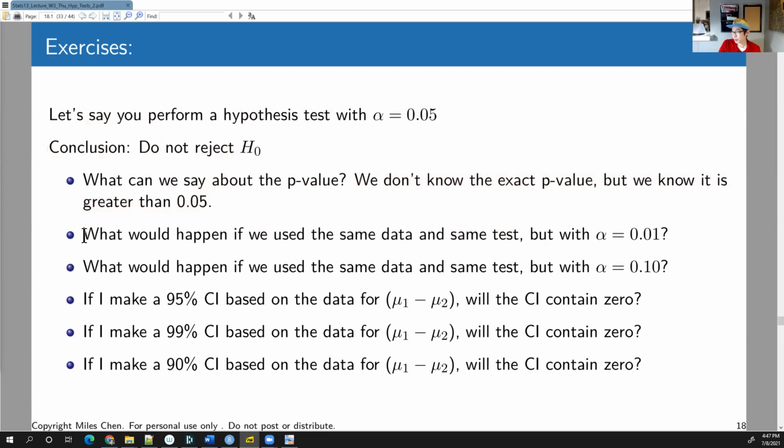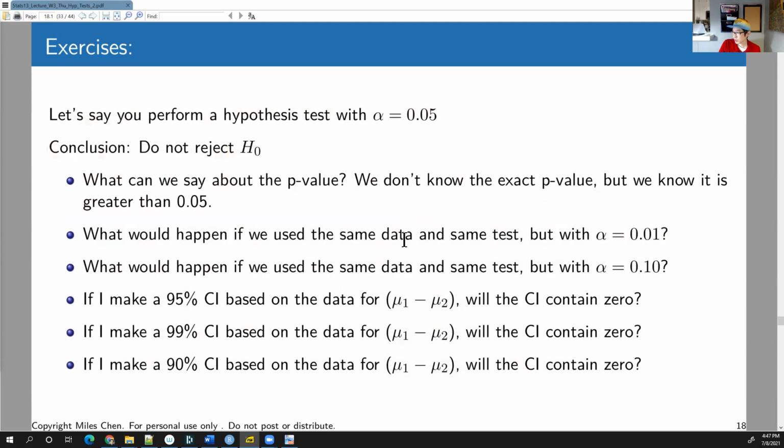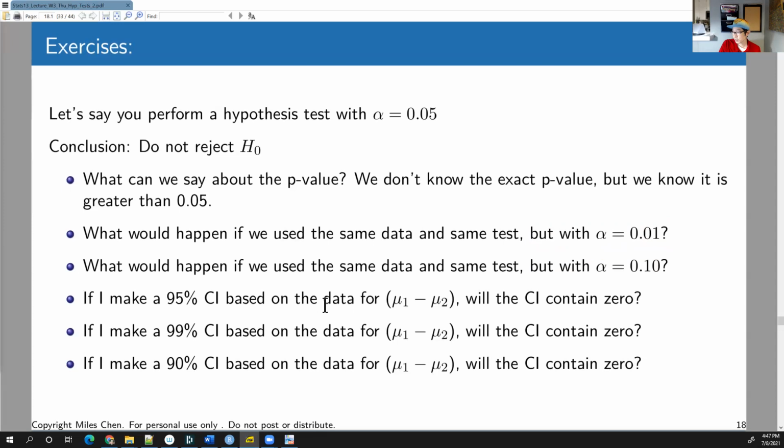And so here I have a series of questions. What would happen if we used the same data, the same test, but alpha equal to 1%? What would happen if we use the same data and same test, but alpha equal to 10%? If I make a 95% confidence interval for the same data, for mu1 minus mu2, will that confidence interval contain 0? What about a 99% confidence interval? What about a 90% confidence interval?